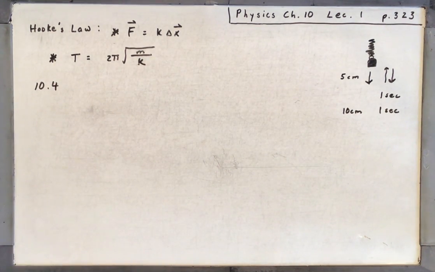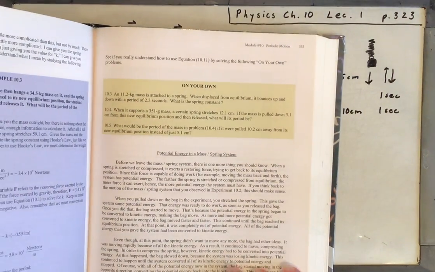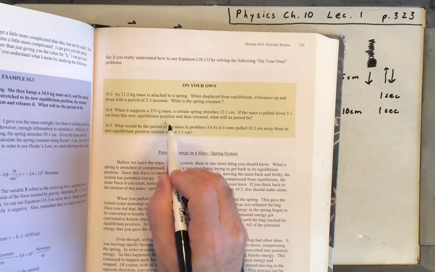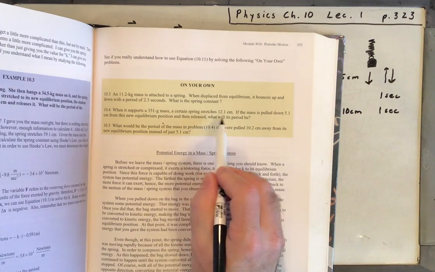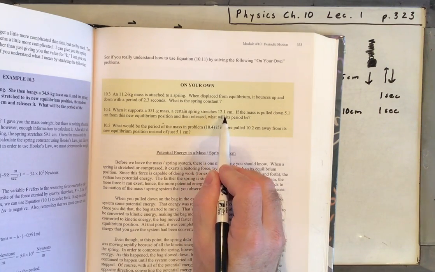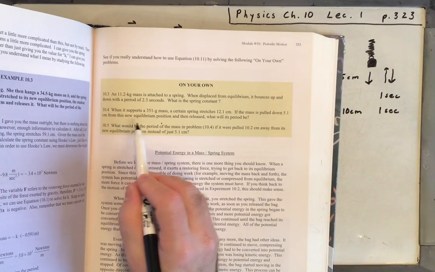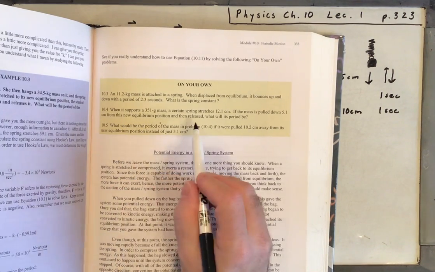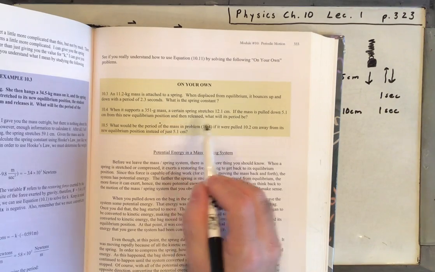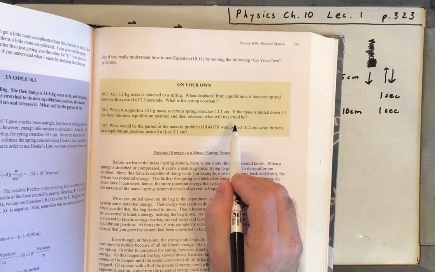So 10.4 says when it supports a 351 gram mass, a certain spring stretches 12.1 centimeters. If the mass is pulled down 5.1 centimeters from this new equilibrium position and then released, what will its period be?